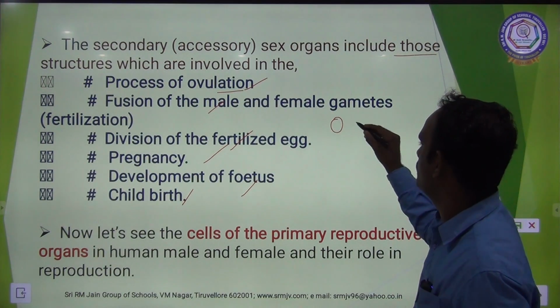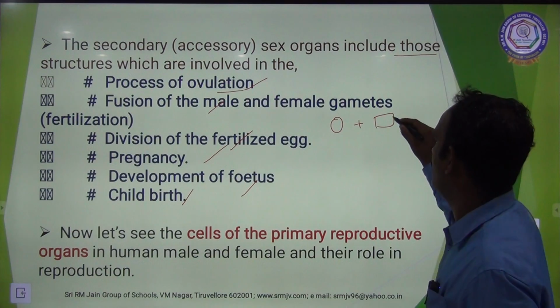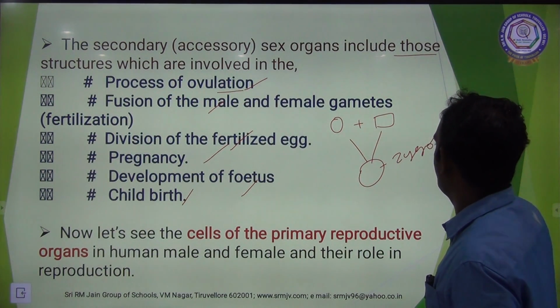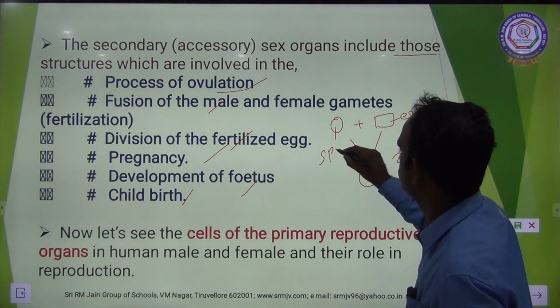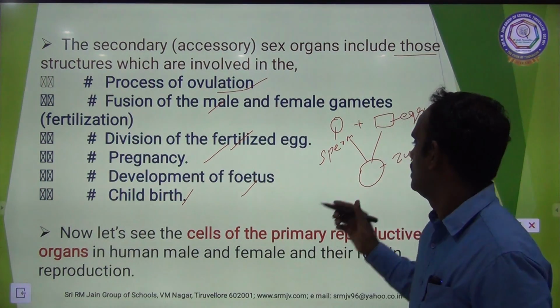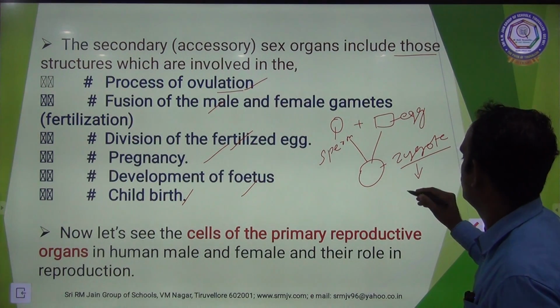The sperm fuses with the egg to form a zygote. The zygote is said to be a fertilized egg or fertilized cell.